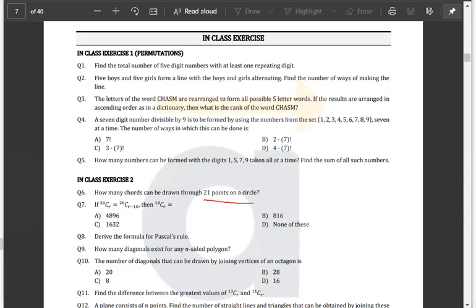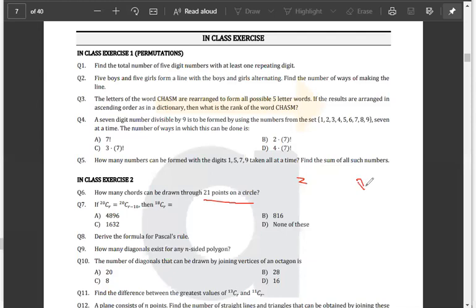See, that's the thing, right? You have to think. Now, what is a chord? Tell me, what is a chord? A chord will join how many points? 2 points. And how many points do you have? 21.